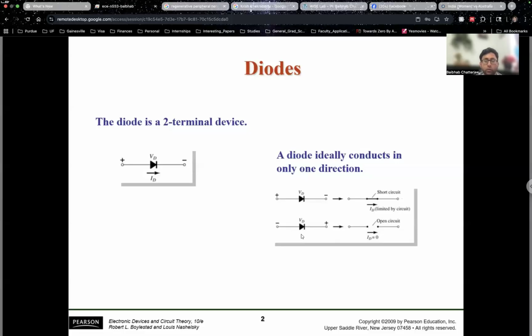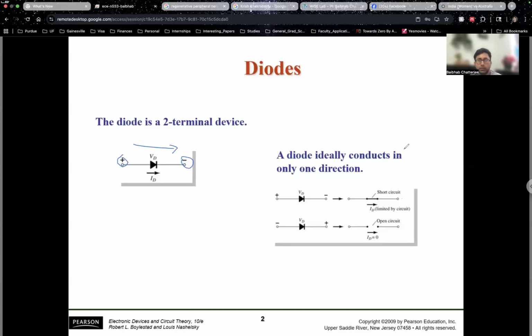Okay, so what are diodes? A diode is basically a two-terminal device, similar to your resistors or capacitors. You have a positive terminal and a negative terminal. You apply a positive voltage at the positive terminal and a lower voltage at the negative terminal, so the current flow you're expecting is in this direction.